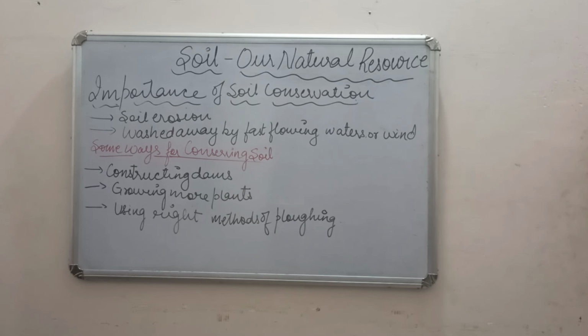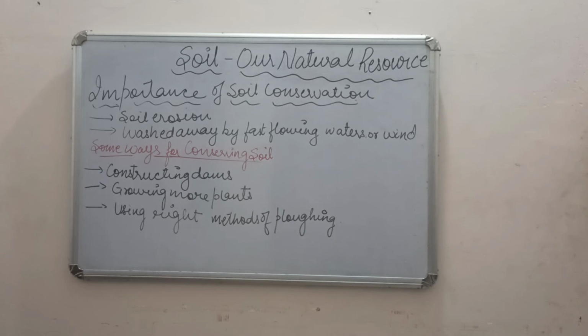Fertile soil can be washed away by fast flowing water or wind in no time. So it is very important to check the upper fertile layer of the soil from being washed away by the flowing rivers.